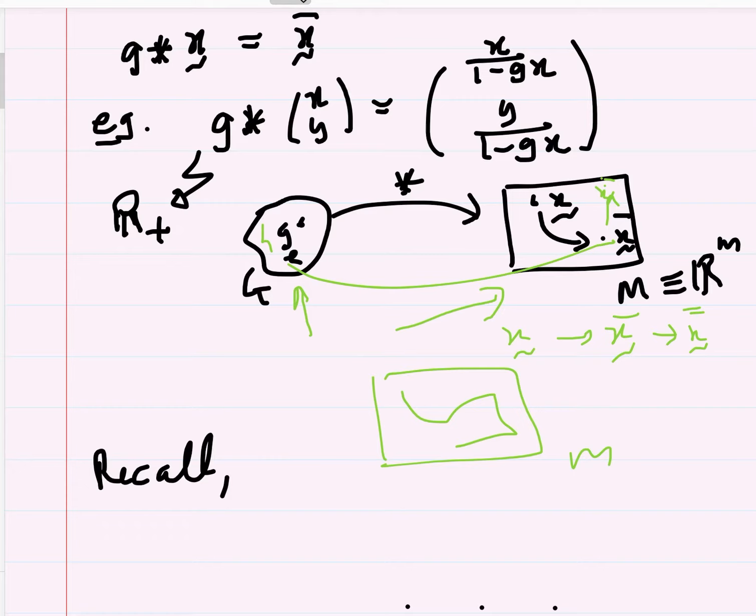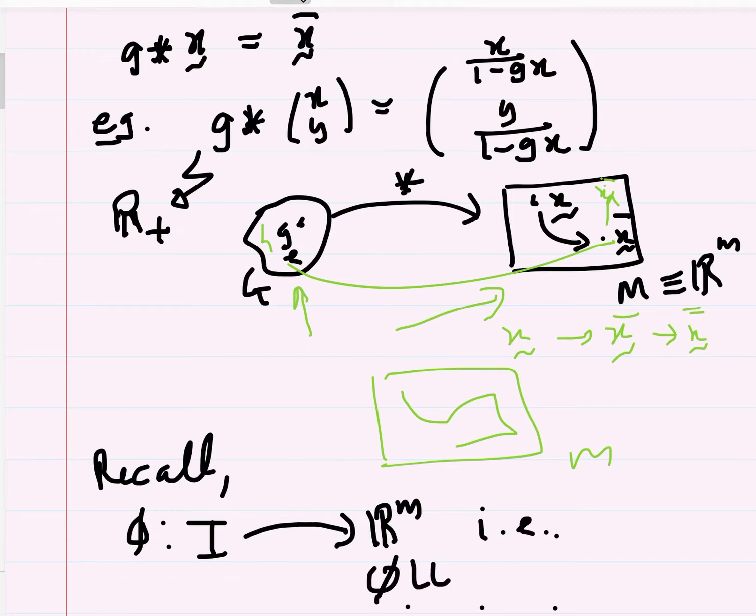So if you recall, if you have a map phi that maps an interval, which is a subset of the real line, to, say, Rm, then this would amount to phi acting on t. So t is your real value, phi acts on t, and it gives you a vector in Rm.